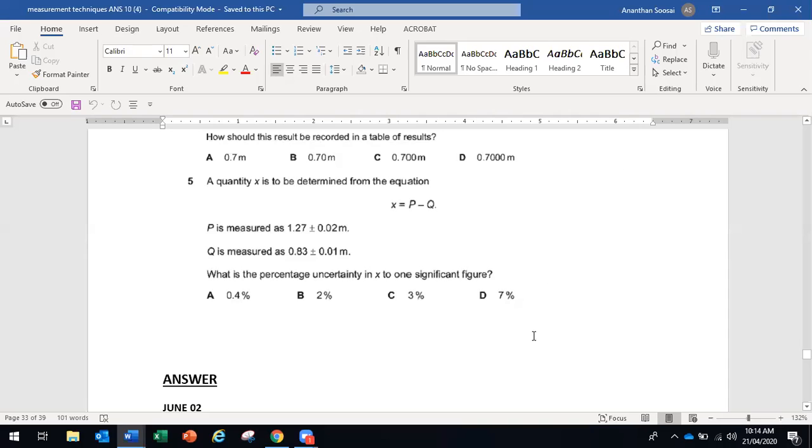So you need to annotate. Okay, all done. So changes of x will be what?